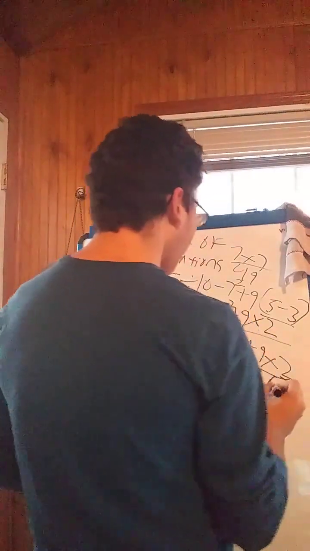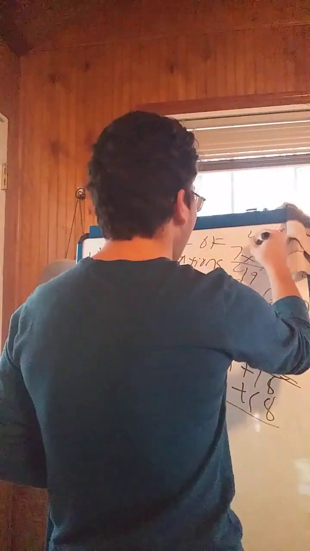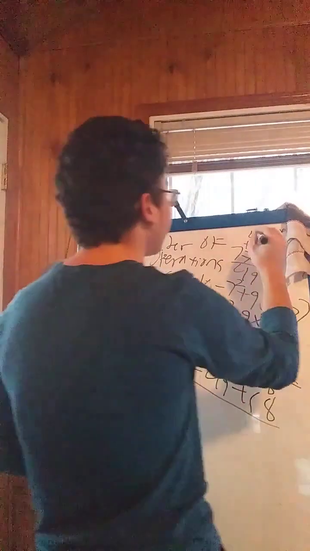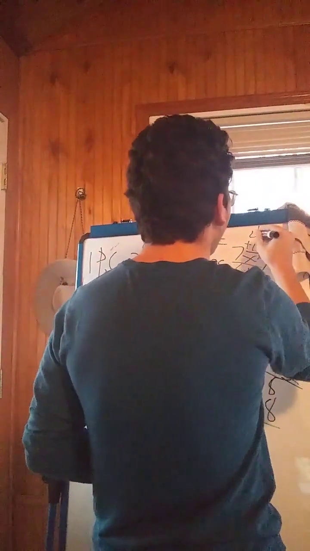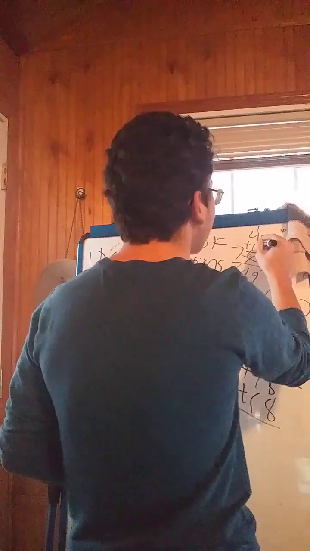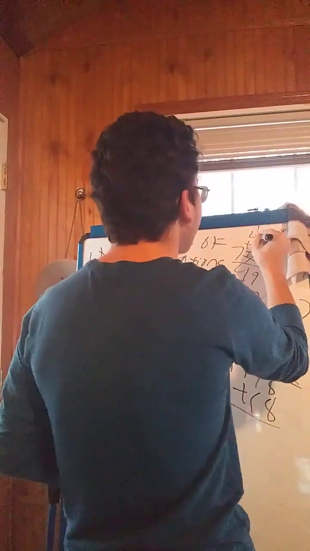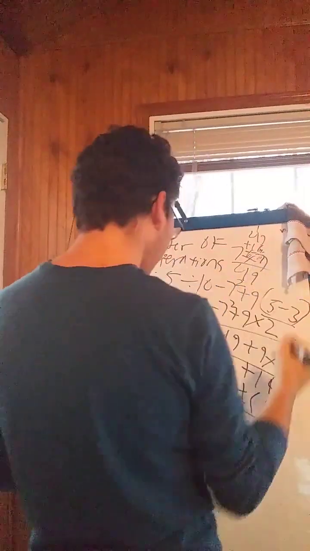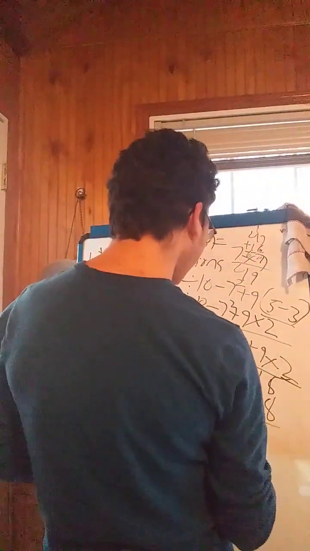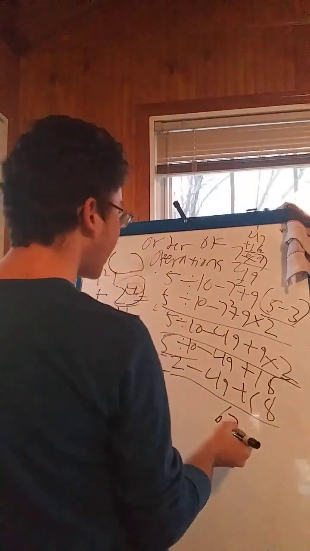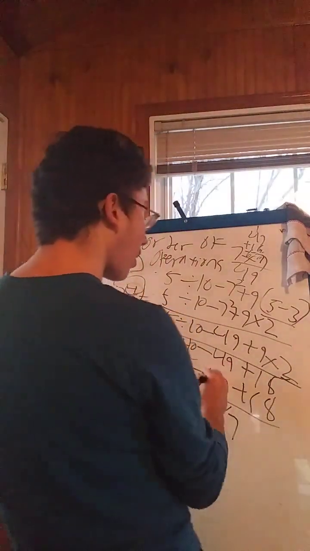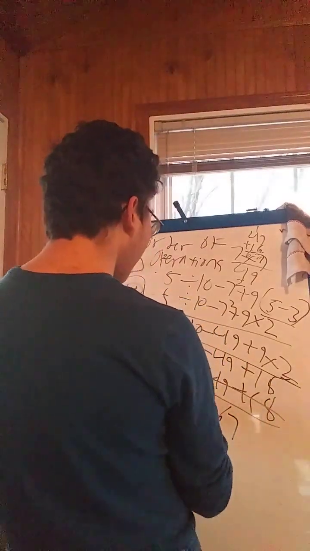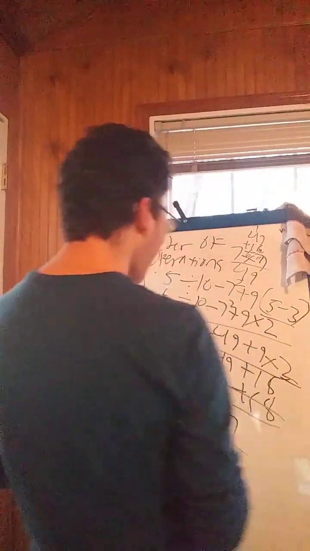So we add 49 plus 18. 8, 9, 10, 11, 12, 13, 14, 15, 16, 17. 67. So 67 here. We have this all crossed out. We still have the minus 2 left. So we drop that down.